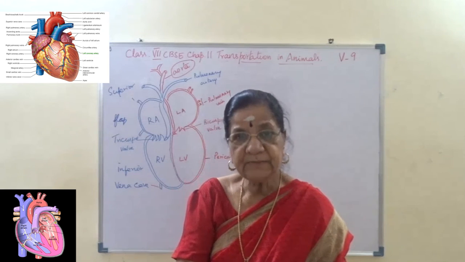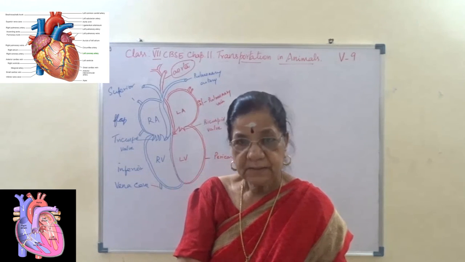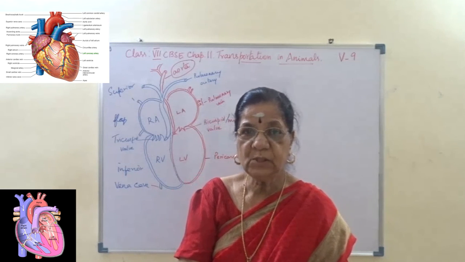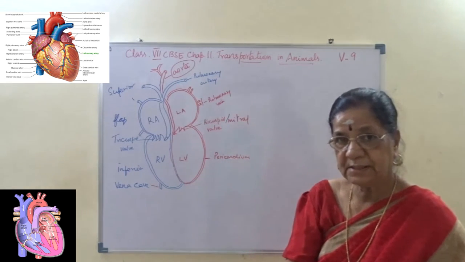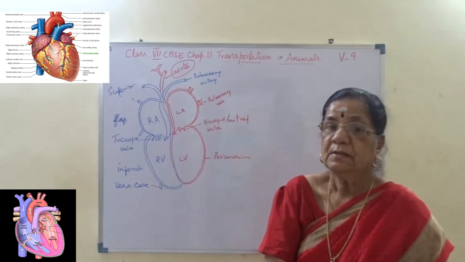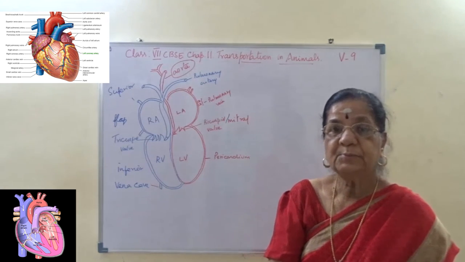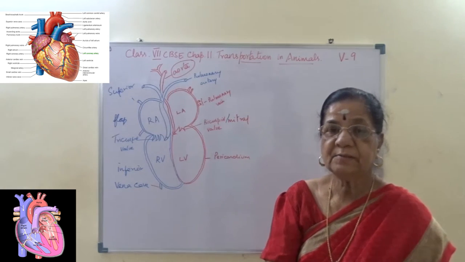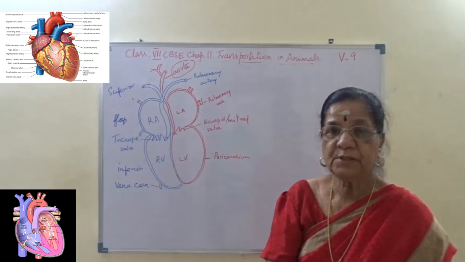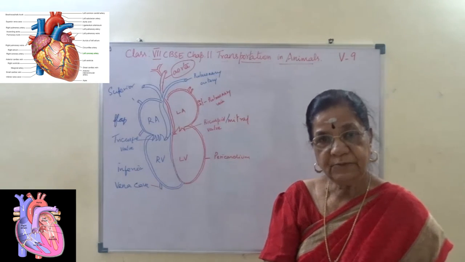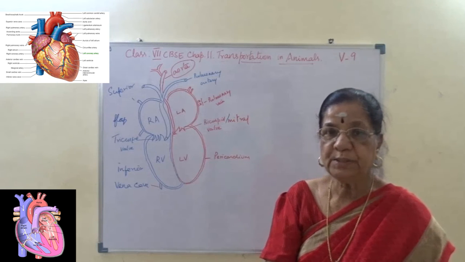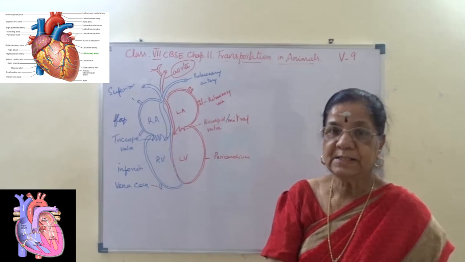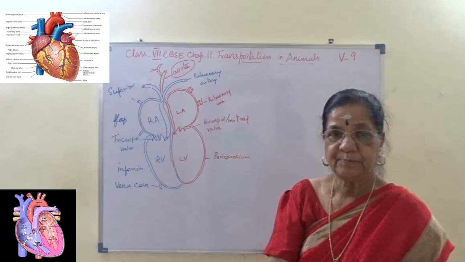And then blood vessels: impure or deoxygenated blood from the lower part of the body is collected by the inferior vena cava and from the upper part by the superior vena cava, and they reach the right atrium.